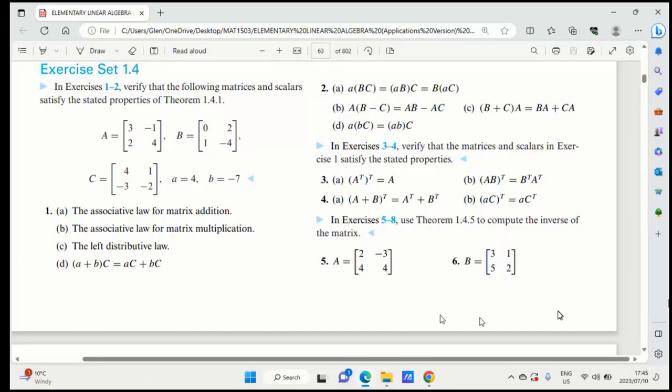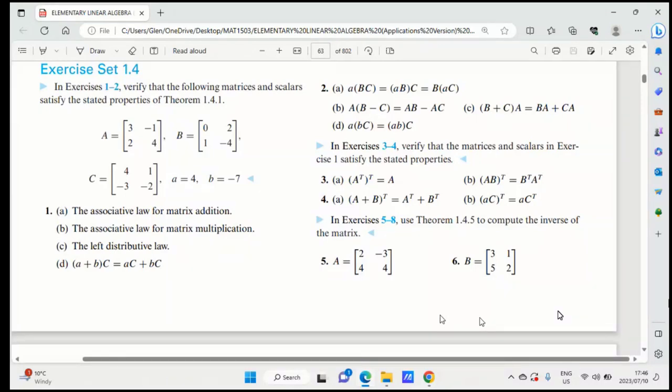The determinant of A is 2 times 4, which is 8, minus negative 3 times 4, which is minus 12. Then 8 minus 12, I got positive 20. And then I said it's 1 over 20.